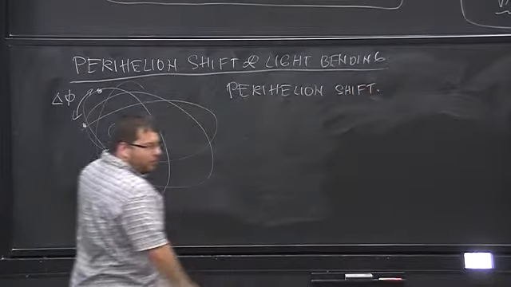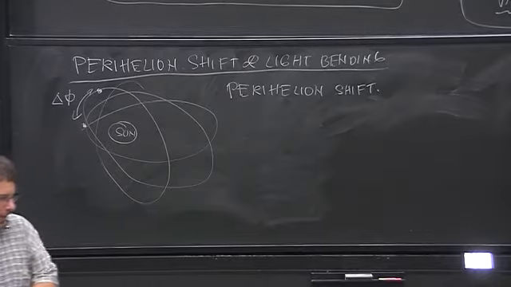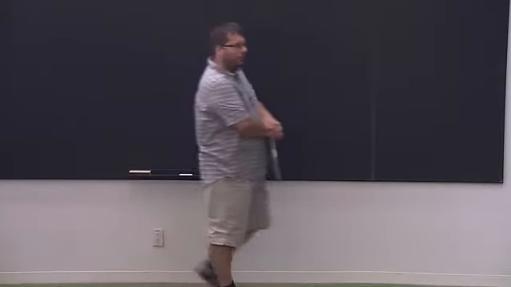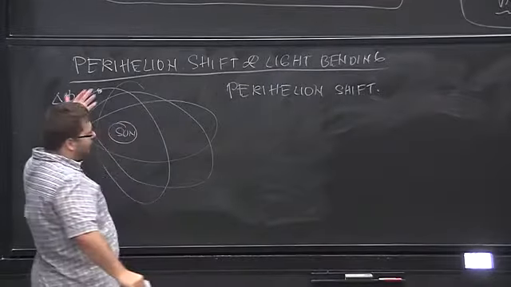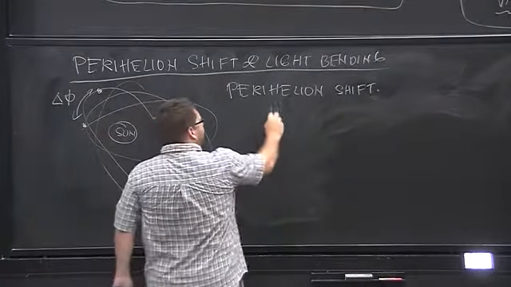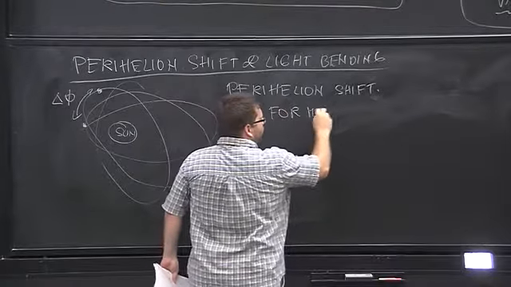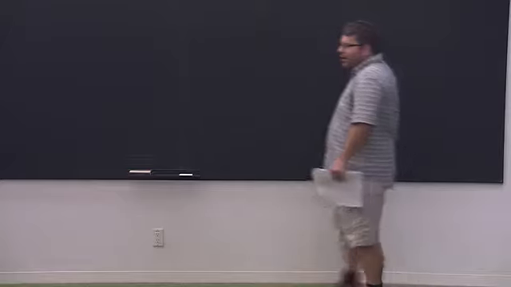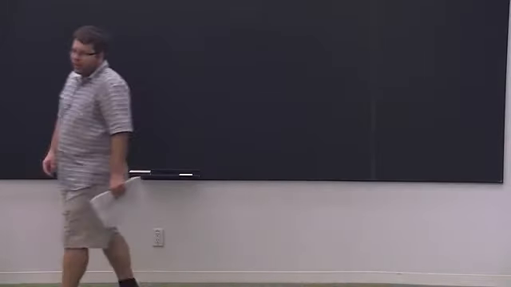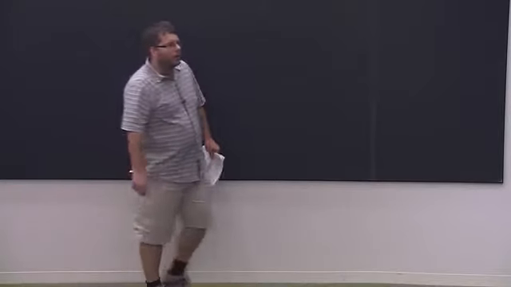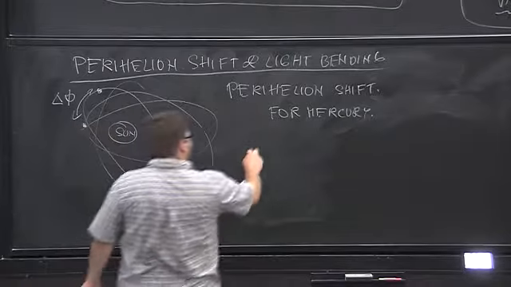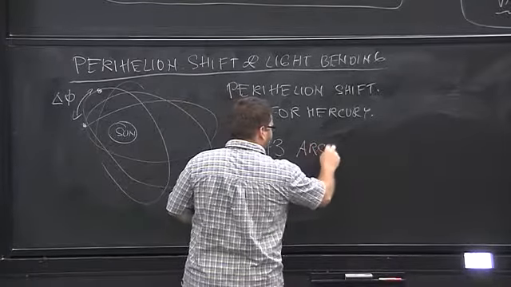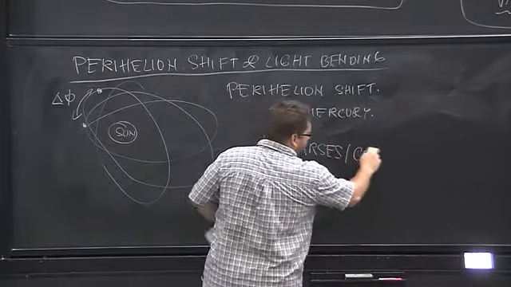And this has been known for Mercury since, I think, the 18th century. The astronomers measured that very, very precisely. The perihelion shift is actually quite big for Mercury, but almost all of it can be explained by perturbations from the other planets and stuff like that, apart from 43 arcseconds per century.